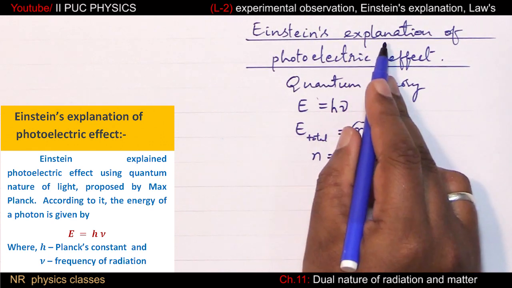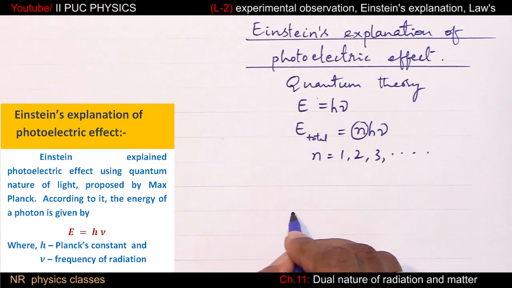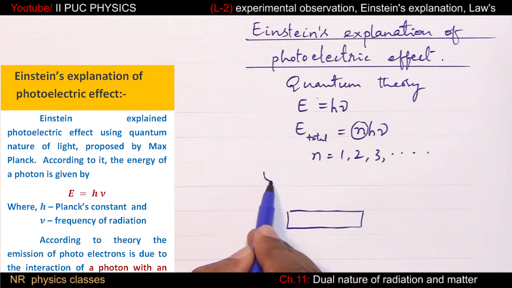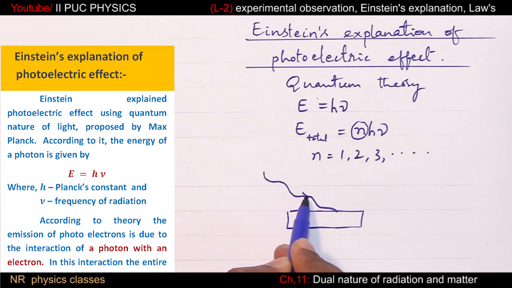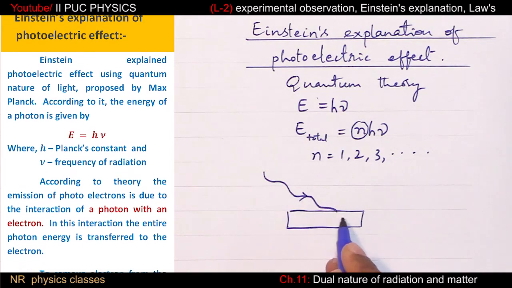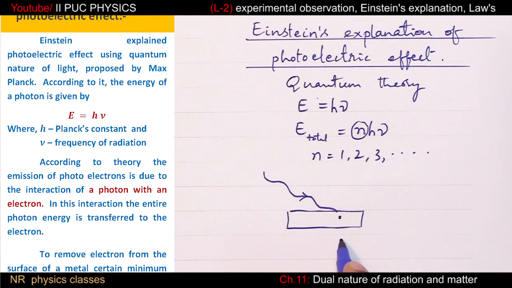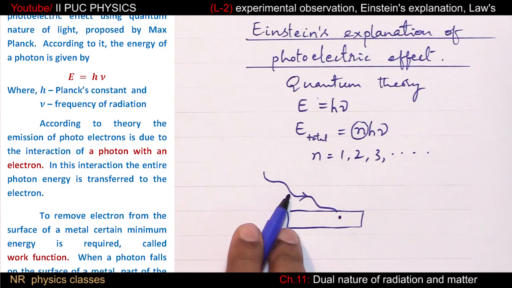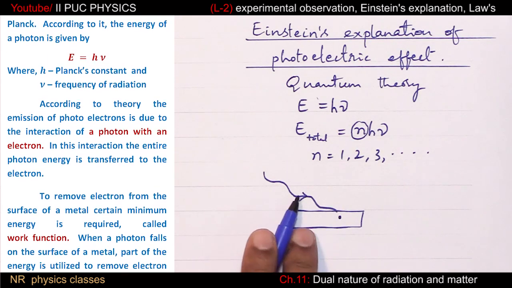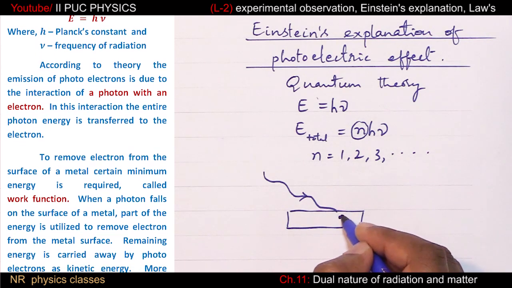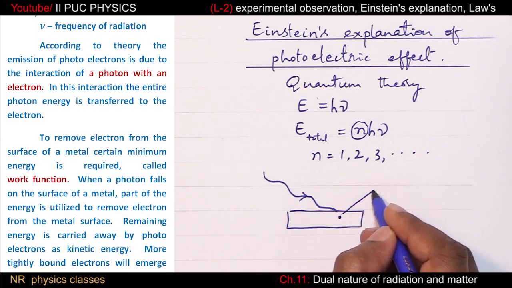According to Einstein's explanation, if this is a metal, this is radiation, photon, Einstein said only one photon can interact with only one electron. Because of one photon interacting with an electron, that entire photon is absorbed by the electron. If energy is sufficient, that electron becomes free.